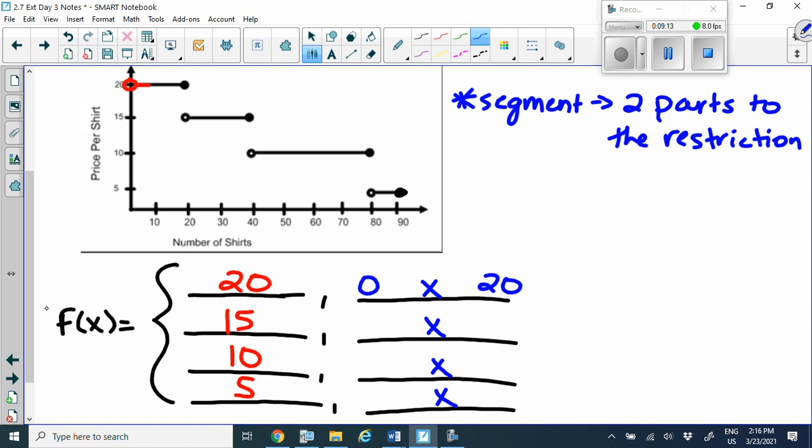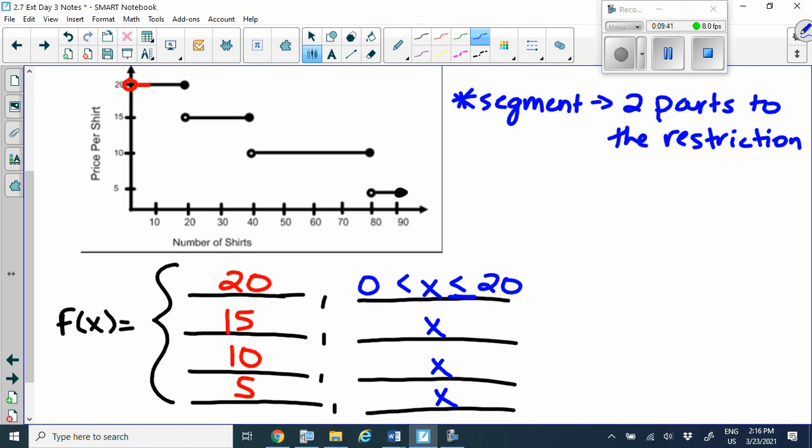Now remember, when we write inequalities, we always go from the smallest number to the largest. So your smallest number is going to be on the left-hand side of x, your largest number is going to be on the right. Now, as I said, we are going to be using only the less than symbols. That's it. So at the 0, is that an open or closed circle? It is open, so no equal bar. But at 20 for our x, it is a closed circle, so there is an equal bar.